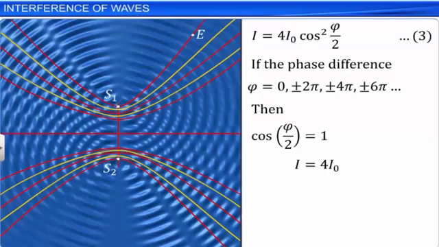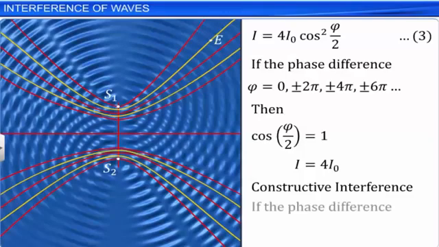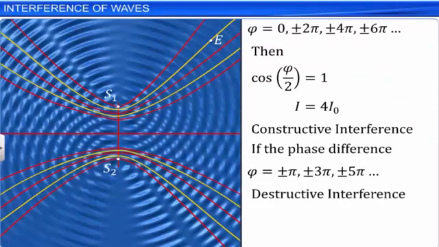This is the general condition for constructive interference in terms of phase difference. If the phase difference phi is equal to plus or minus pi, or plus or minus 3 pi, and so on, we will have destructive interference leading to zero intensity. These points are the interference minima. This represents the general condition for destructive interference in terms of phase difference.